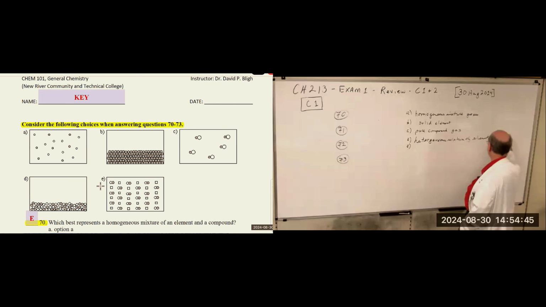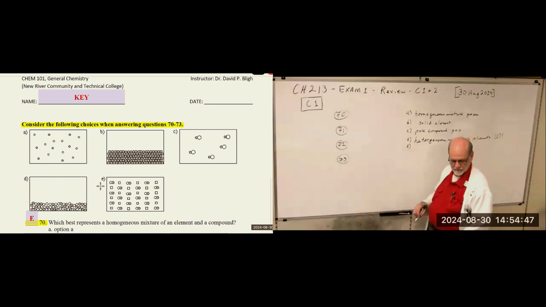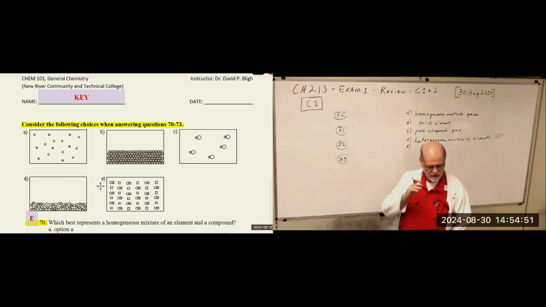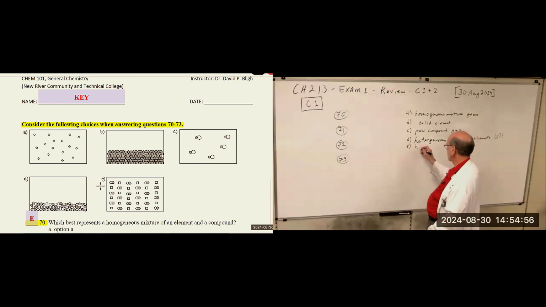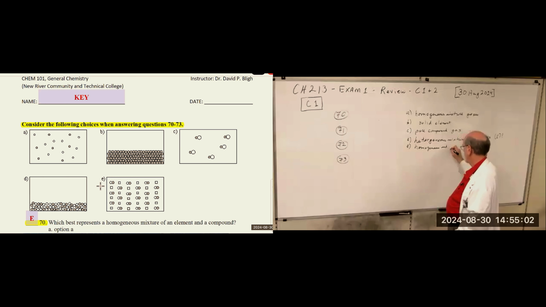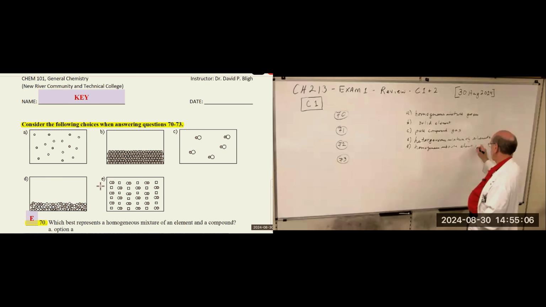Probably a liquid. And E is a regular arrangement of compound and elements. So we've got a homogeneous mixture of element and compound.